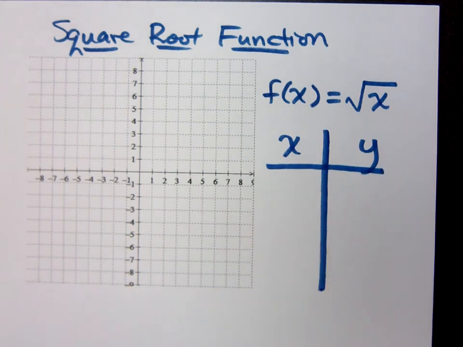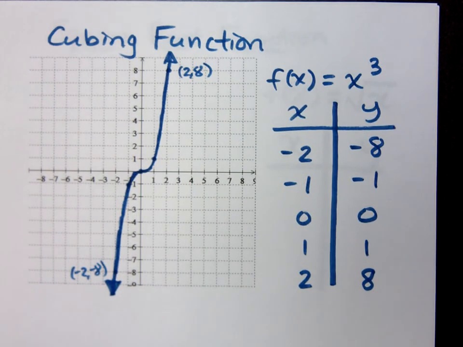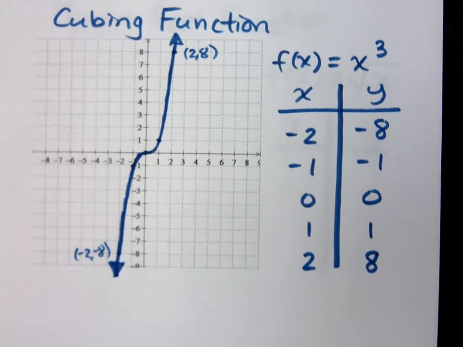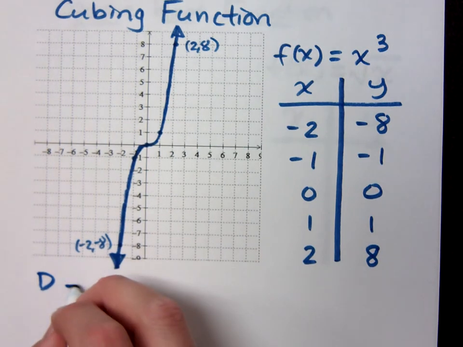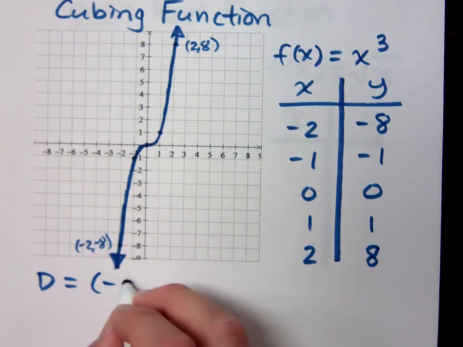Now, before I get to this, though, is everybody okay? For my cubing function, what was the domain and range for this guy? What was his domain? Negative infinity to infinity.